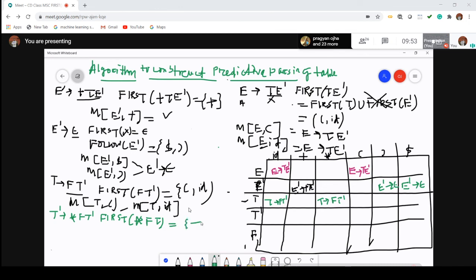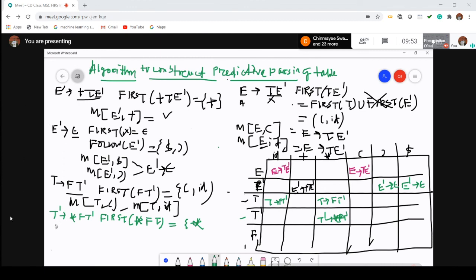So in place of star, in the T dash row, I have to put the production T dash to star F T dash. Now it is completed.